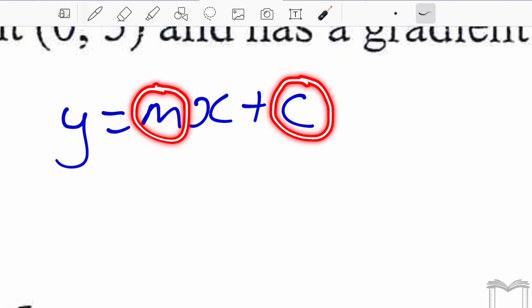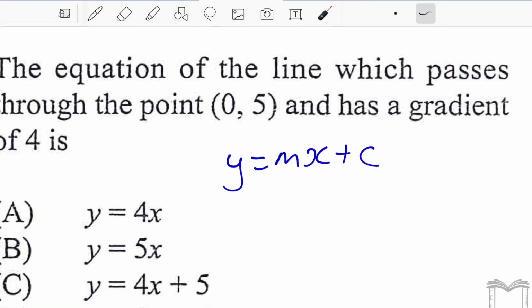This is where the line intersects the y-axis. At the point at which the line intercepts the y-axis, the x value would be 0, because along the y-axis there will always be a value of 0 for x.